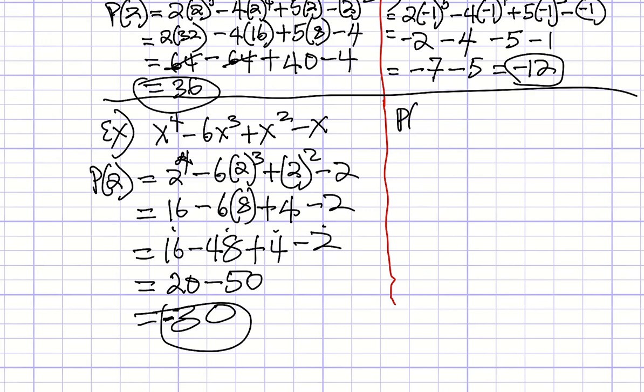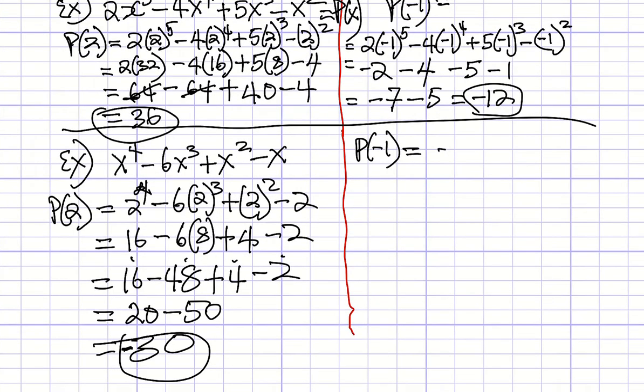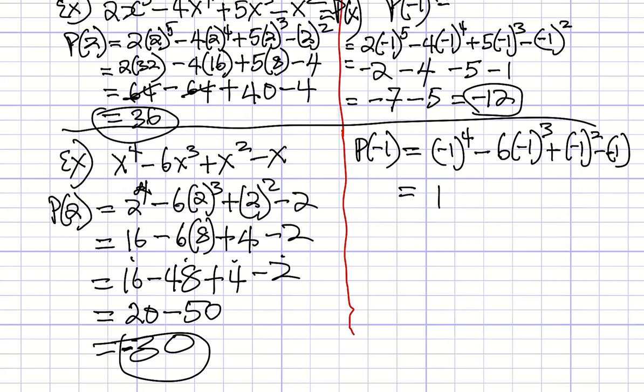It's P(-1). What is that? You've got negative 1 raised to the power 4, negative 1 to the power 3 plus negative 1 raised to the power 2, negative 1 over here, like that. So you simplify that. That will give you positive 1. That will give you negative 1 inside the bracket plus that.